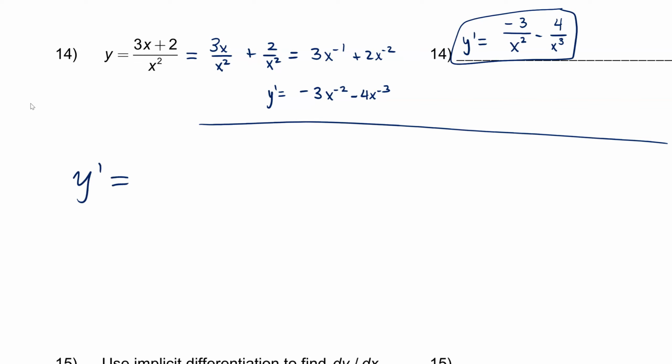So y prime for what? Did you use quotient rule? Yeah. It's the same thing. It's just if I make it a common denominator. Negative 3x minus 4 over x cubed. Did I mess up the negative? No. So plus 2 over x is negative 2, negative 4.